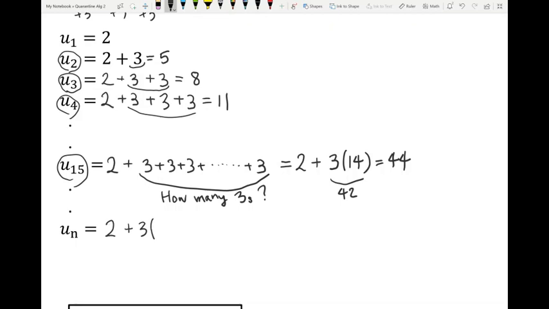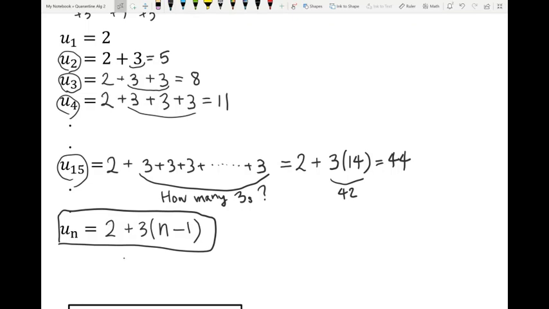Well, for the nth term, you need n minus 1 number of 3's. So here you just came up with the equation that will describe the nth term of the sequence. With this equation, you can figure out any term of the sequence.